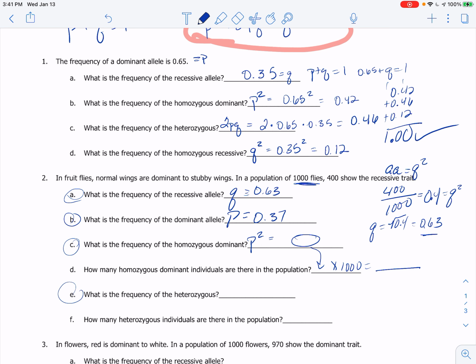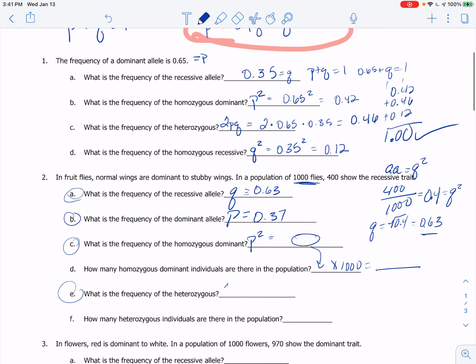Letter E, what is the frequency of heterozygous? So remember, heterozygous is 2pq. That'll give you a number here. And then how many heterozygous individuals are there in the population? So again, you will take that and multiply it by 1,000, and that will give you your number there. Okay, and I'll let you guys finish calculating those.